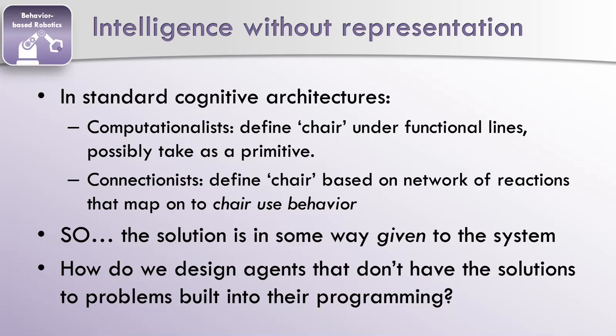That's typically going to be a supervised learning approach, which means that in both of the classical architectures, the solution to whatever problem you're facing is given to you in some way. But that seems strange. How could it be that our top ideas for how the mind is organized require some organizer? There's got to be something else going on.